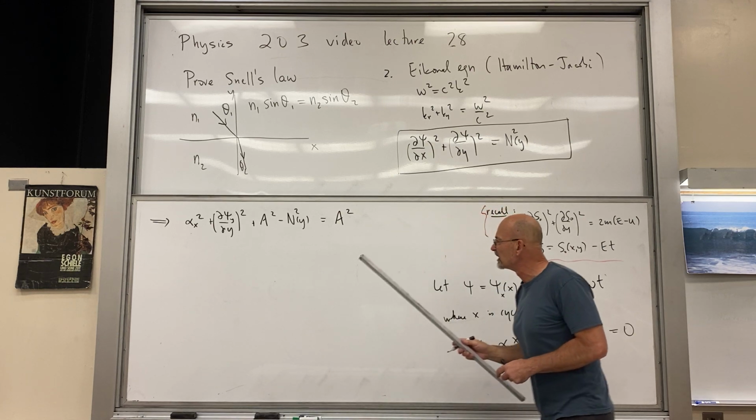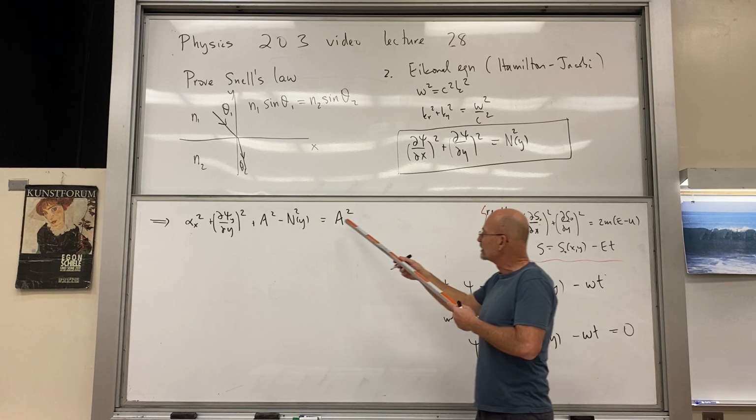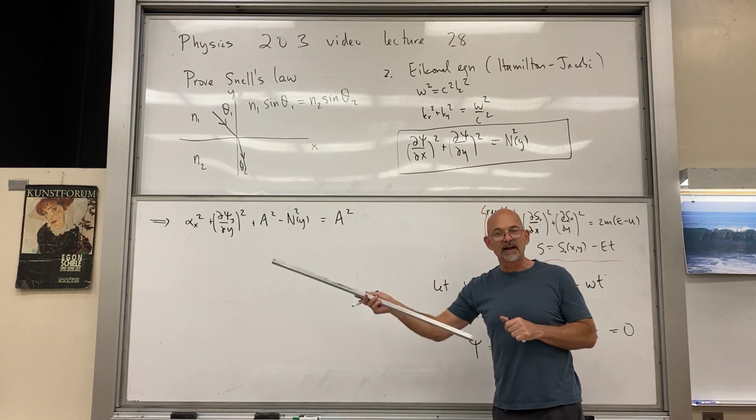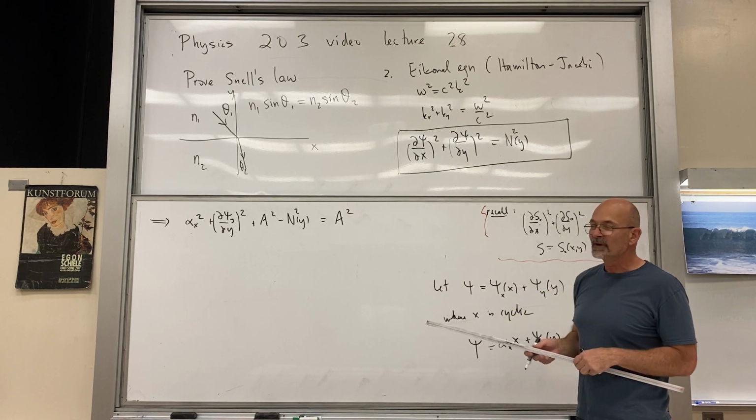This is just a move. You notice I've added a squared to both sides. I did this just to make it look like the equation we've solved before. So this will make things look more familiar.